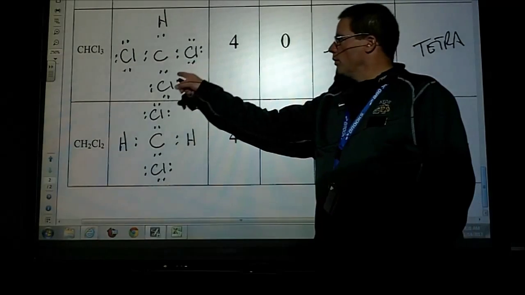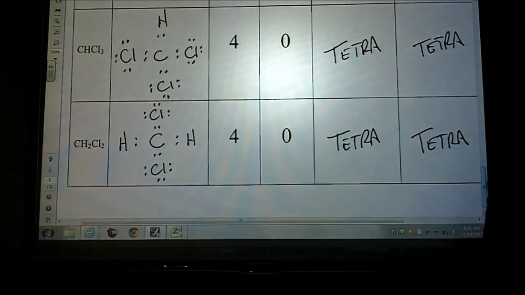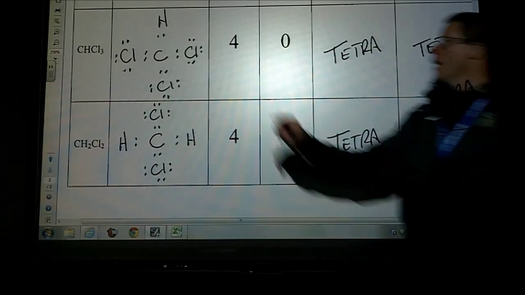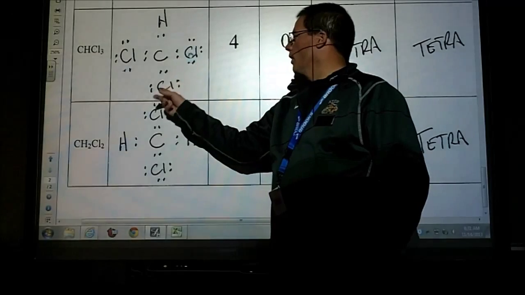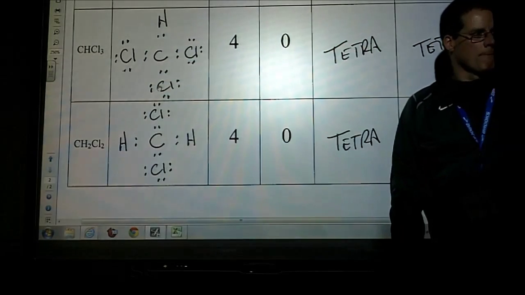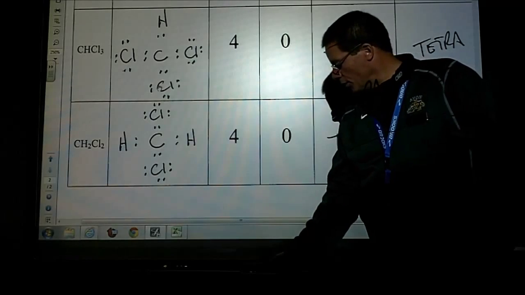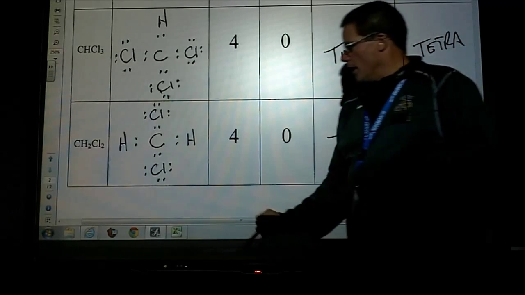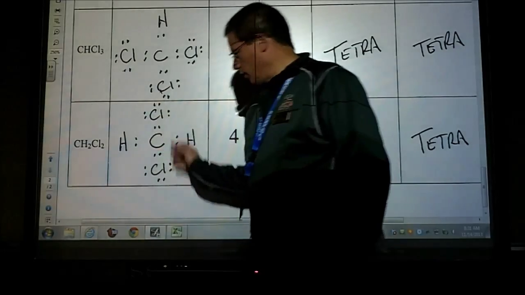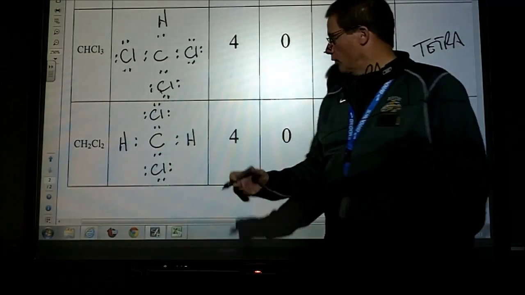Okay. Polar or non-polar for the CHCl3? Polar, different external atoms. So we have a hydrogen and 3 chlorines. Okay. And then looking at the last one, and I try to confuse you on this one. If we say that, okay, I have it drawn like this, and some of you may have it drawn like this as well.